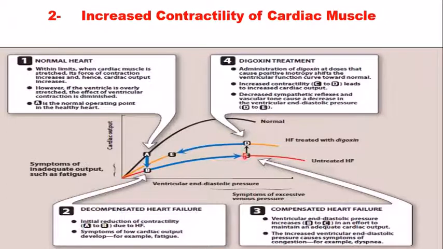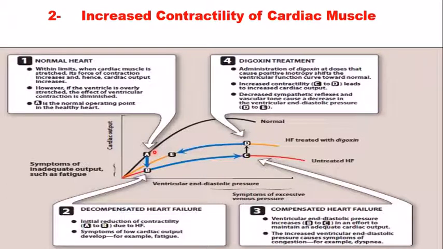If it has been treated here with digoxin, what will happen? The cardiac output increases, contractility increases, the sympathetic reflexes decrease, and vascular tone decreases, causing a decrease in ventricular end-diastolic pressure, that is the D to E point.